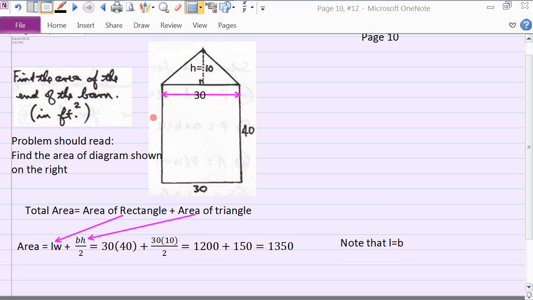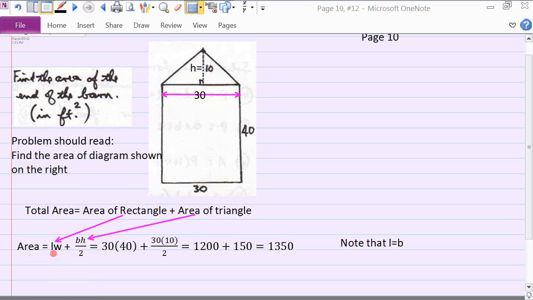So we really have the sum of two areas, a rectangle in here, and here we have a triangle. So we're going to find the total area, which is the area of the rectangle, and then the area of the triangle, which is this part here. So this is a rectangle, this is the triangle right in here.